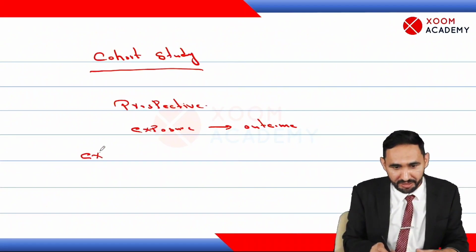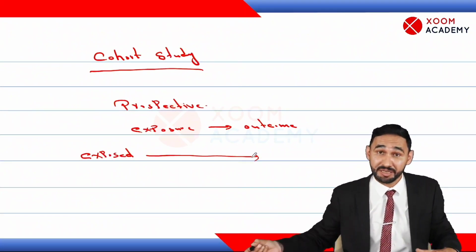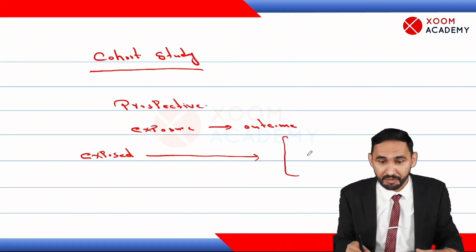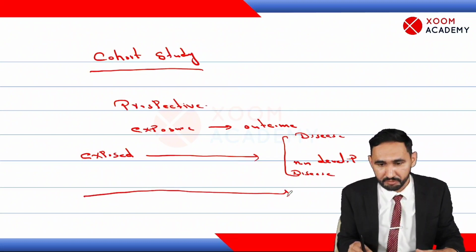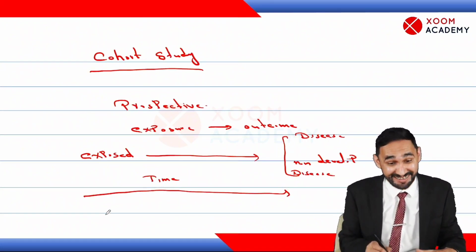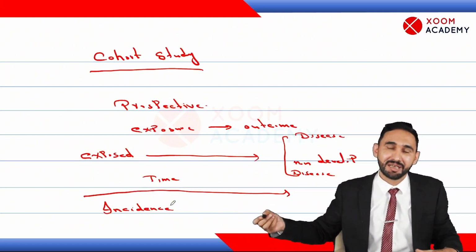We take people who are exposed, we observe them over a certain time period, and in the end we see how many of them develop disease and how many do not. So we move forward. What will we measure from a cohort study? We will measure incidence. Incidence is measured in a cohort study.